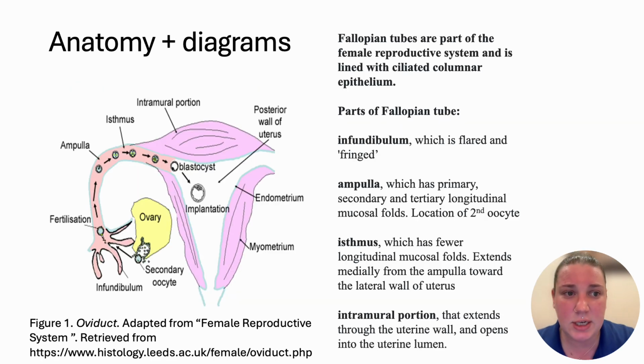So for this section, I will be going over the anatomy. As you can see on the left-hand side, there is the female reproductive system, and the oviduct, which is also known as the fallopian tubes. Now, there are four parts of a fallopian tube: the infundibulum, the ampulla, the isthmus, and the intramural portion.